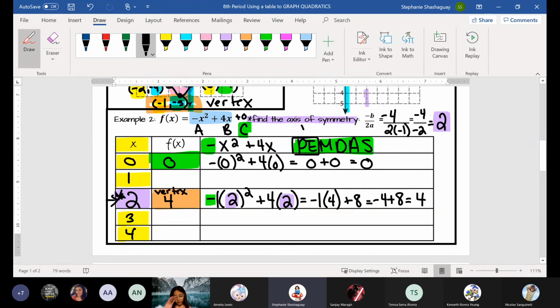Now let's plug in 1 to our function. We're going to have a negative 1 squared plus 4 multiplied by 1. Well, so that's going to be negative 1 plus 4, which is equal to 3. So that means my output is 3 when my input is 1.